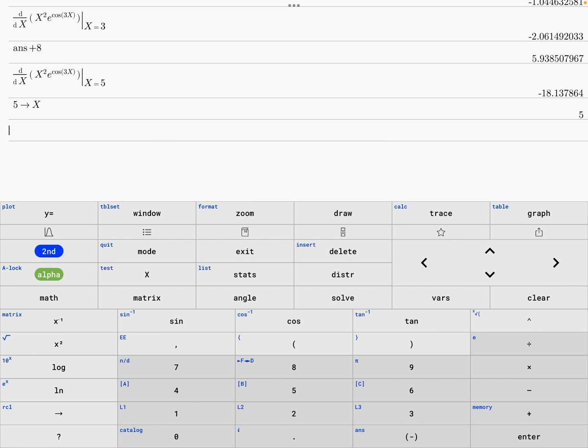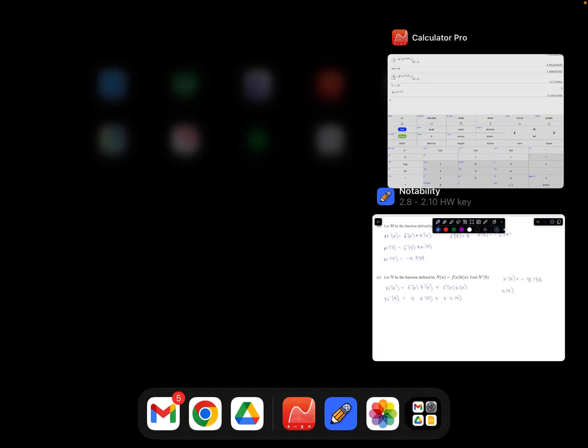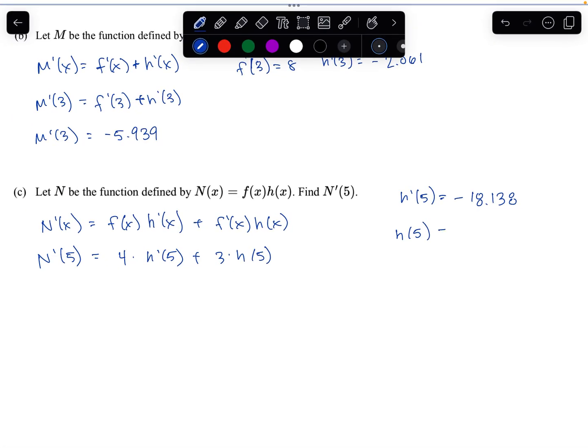Now anytime I use x in this window, it's going to think that x is 5. So now I can just type in the function x squared e raised to the cosine of 3x and click enter. So h of 5 is going to be 11.695.